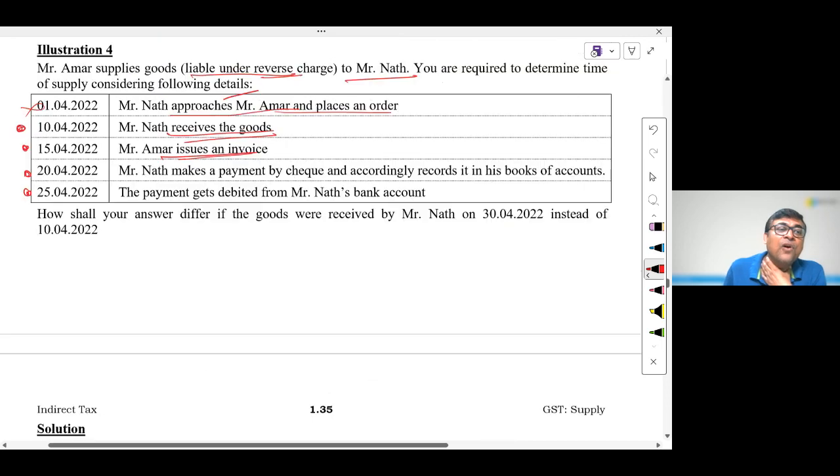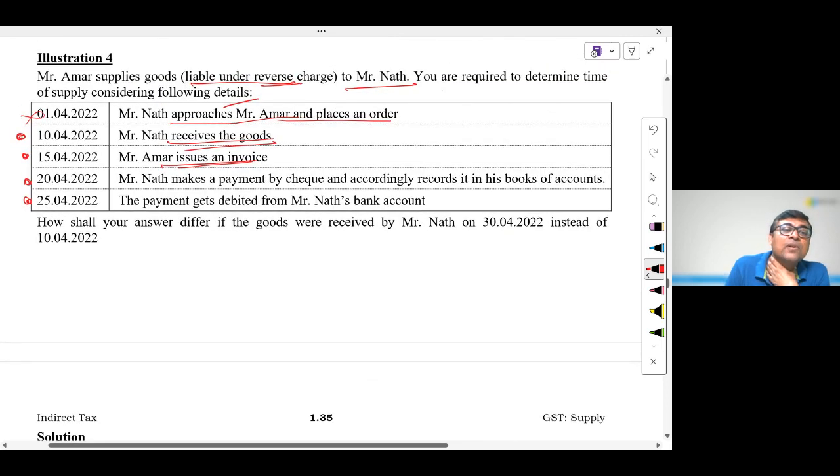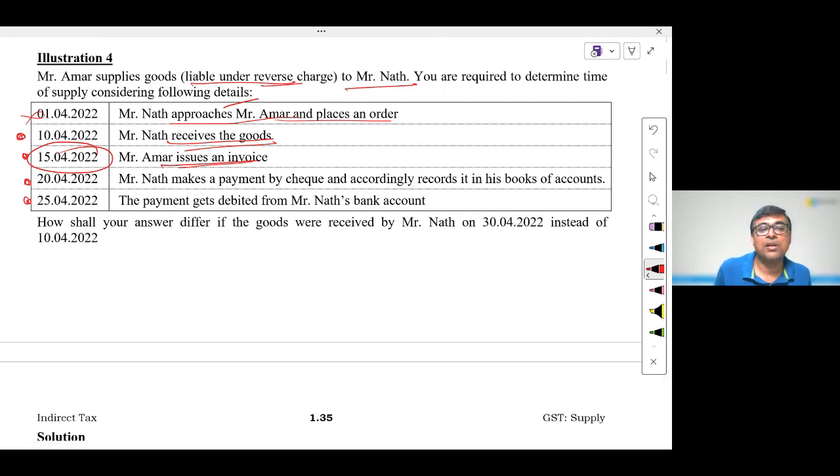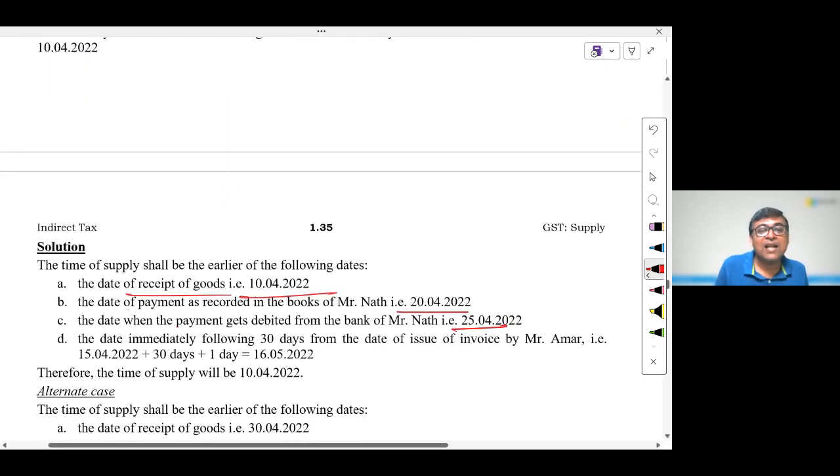The 31st day from the date of issuance of the invoice by Mr. Amar. He issued the invoice on 15th April. Add 31 days to this 15th April, which comes to 16th May 2022. So can I say that out of these 4 dates, whichever is earliest should be considered as the time of supply? That is 10th April 2022.